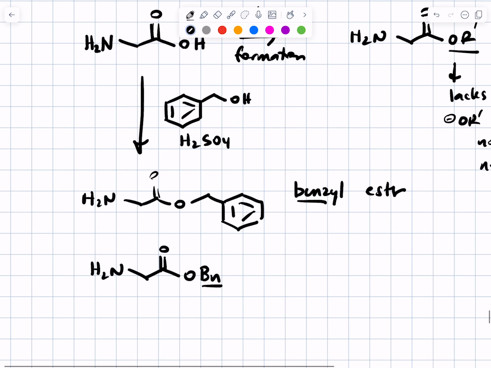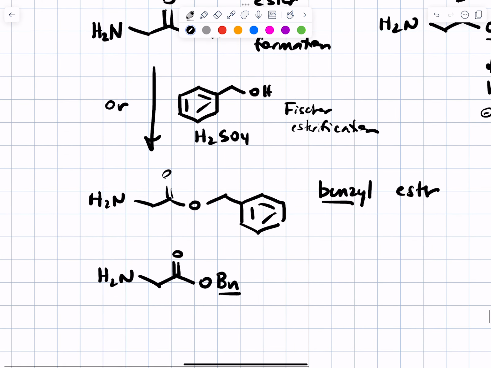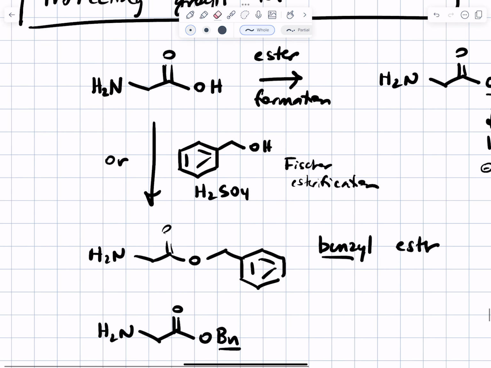If you don't want to do the acid catalyzed Fischer esterification that we learned in chapter 16, you can actually do an SN2 reaction with the carboxylate as a nucleophile. So if you use benzyl bromide, where the Br minus is a leaving group, you can deprotonate the carboxylic acid and use the carboxylate as a nucleophile.